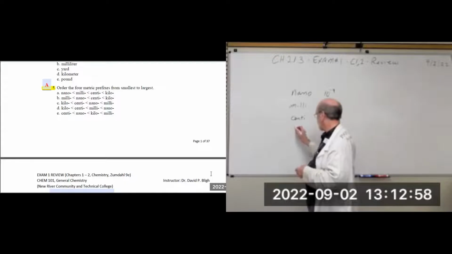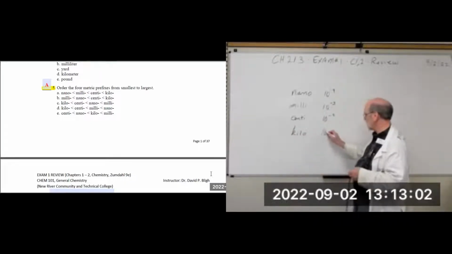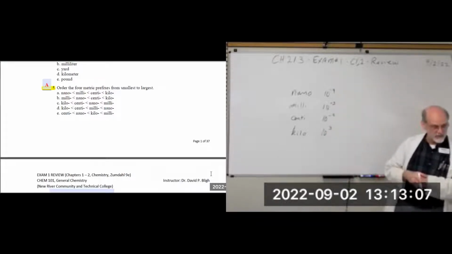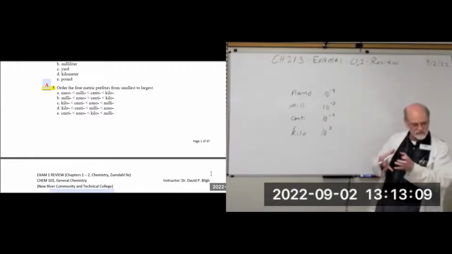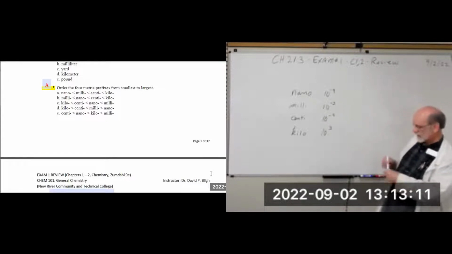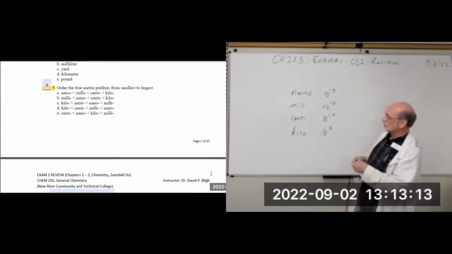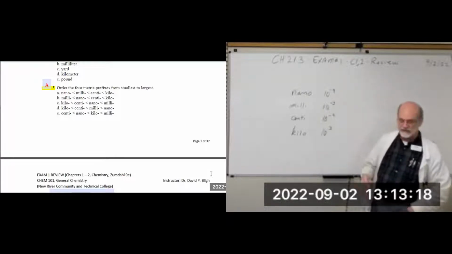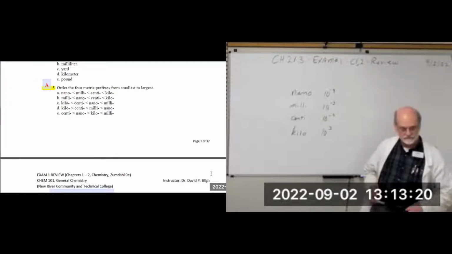And the last one, kilo. I think I made a point of this one last time. Kilo is 10 to the 3rd. So 1,000 times the base unit would be that derived unit of measure. And that's the order of smallest to largest. That's why A is the answer.